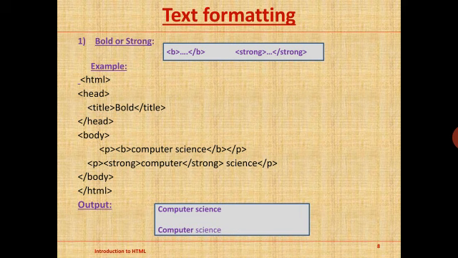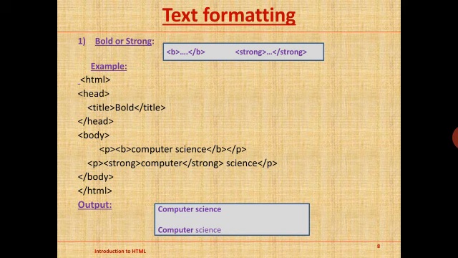We can make the text bold using B tag. The text that needs to be bold must be within opening and closing of a B tag. We can also use strong tag to make the text strong with added semantic importance.